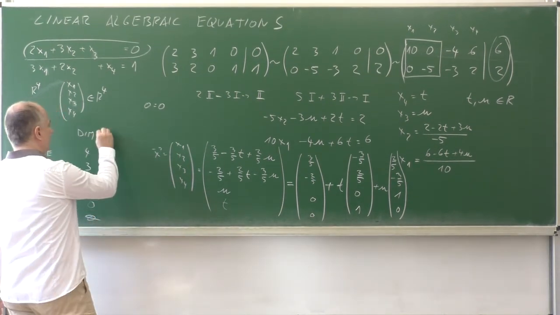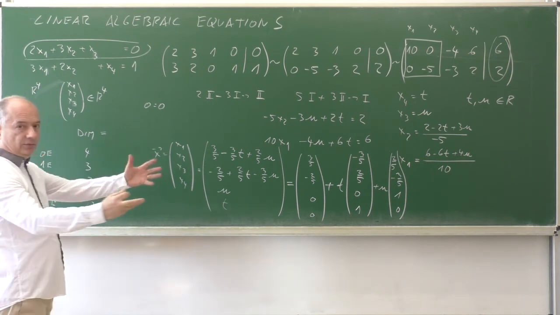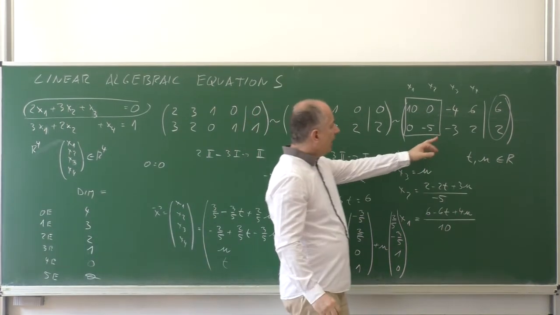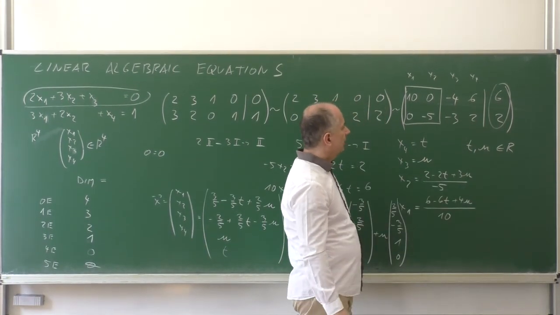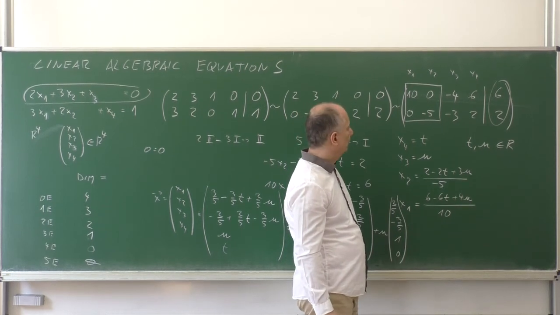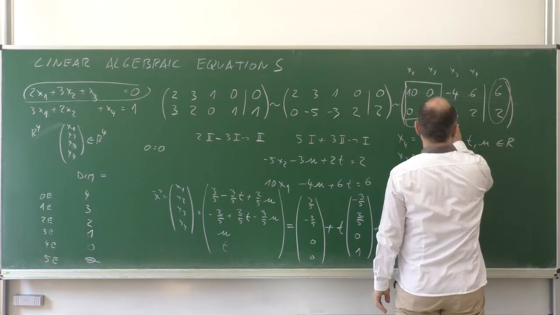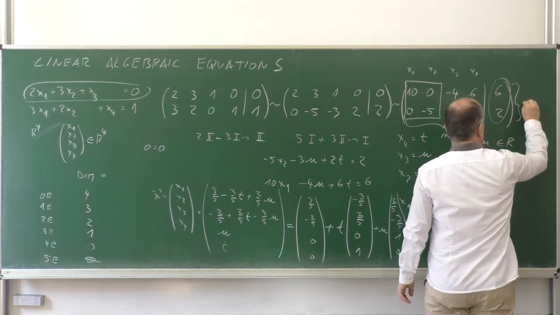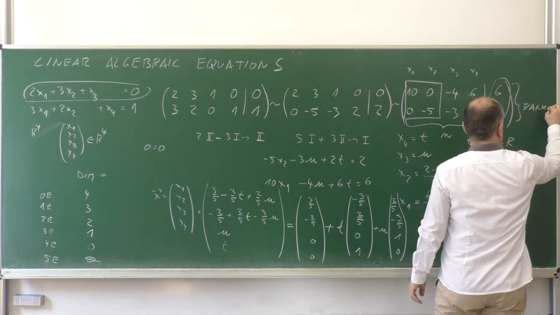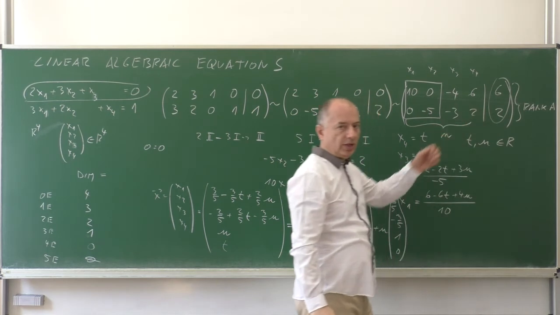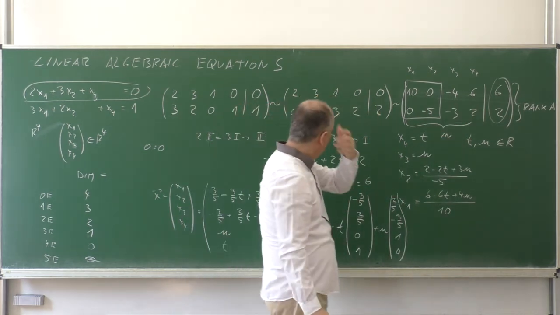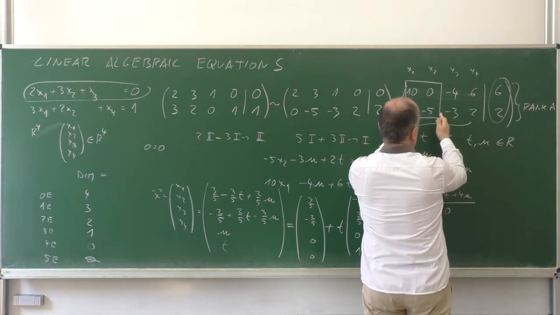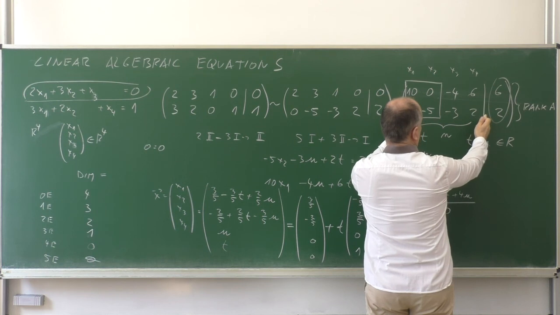So we can say that the dimension of the space of the solution, the number of parameters, is the number of columns in this middle part. And if we have n unknowns, and if we have rank of A, in this case 2, then rank columns here, n columns here.